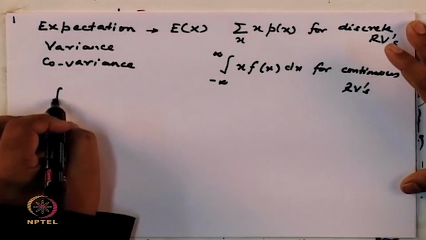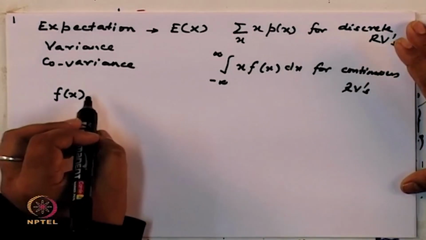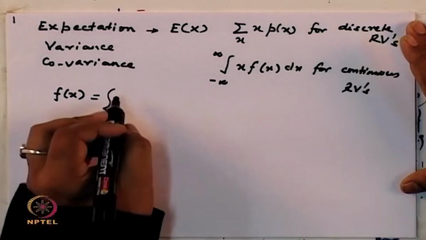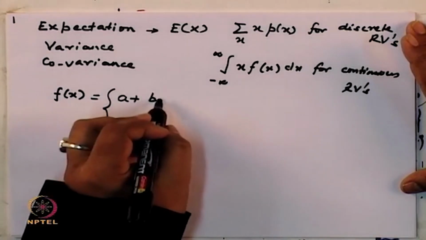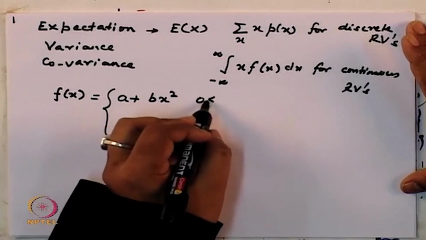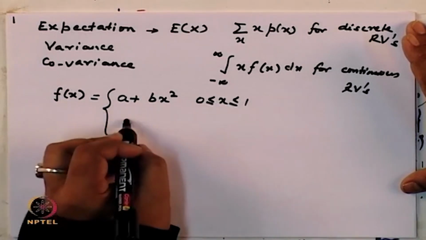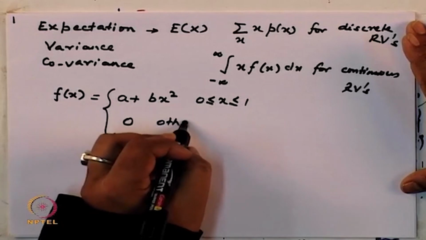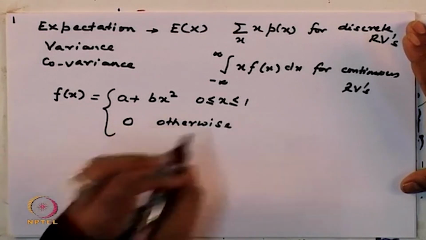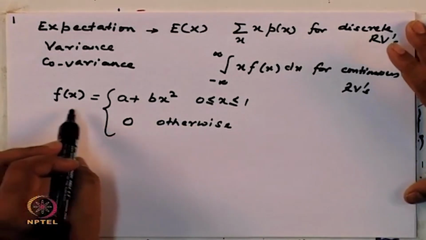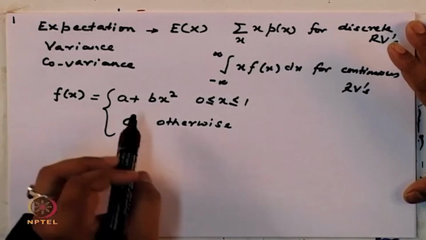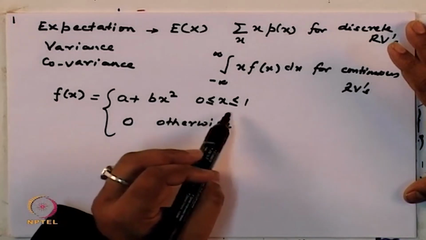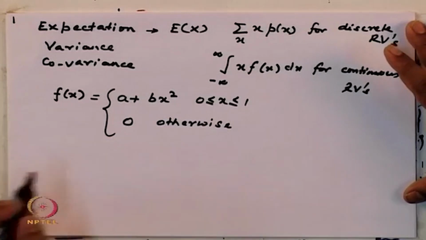Let us say the probability density function f x is defined as follows. f x of a random variable is a plus b x square for 0 less than or equal to x less than or equal to 1 and 0 otherwise.